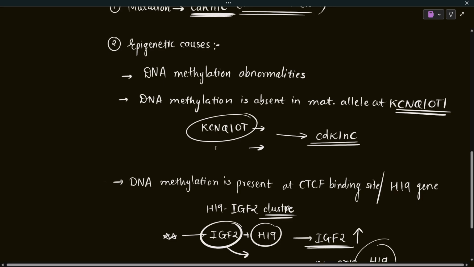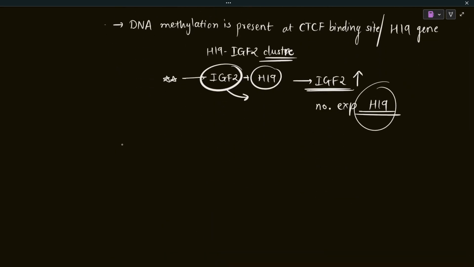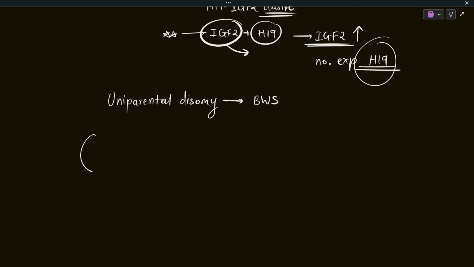But there is also a phenomenon that we call uniparental disomy, which can lead to Beckwith-Wiedemann syndrome. Uniparental disomy means, imagine that this cell, which has a maternal copy of the genome as well as a paternal copy of the genome, is undergoing mitosis.